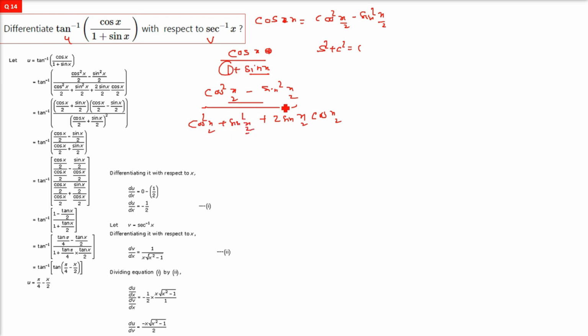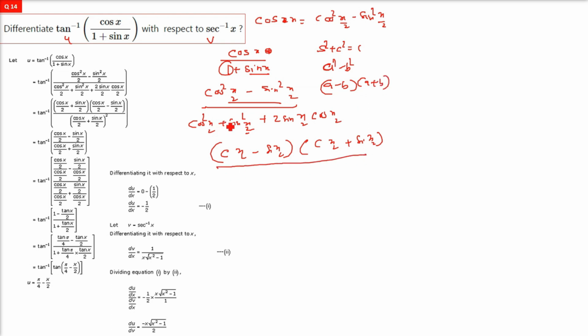Now the upper one is a square minus b square, so you have a minus b, a plus b: cos x by 2 minus sin x by 2, cos x by 2 plus sin x by 2. And in the denominator you have a plus b whole square, so sin x by 2 plus cos x by 2 whole square.